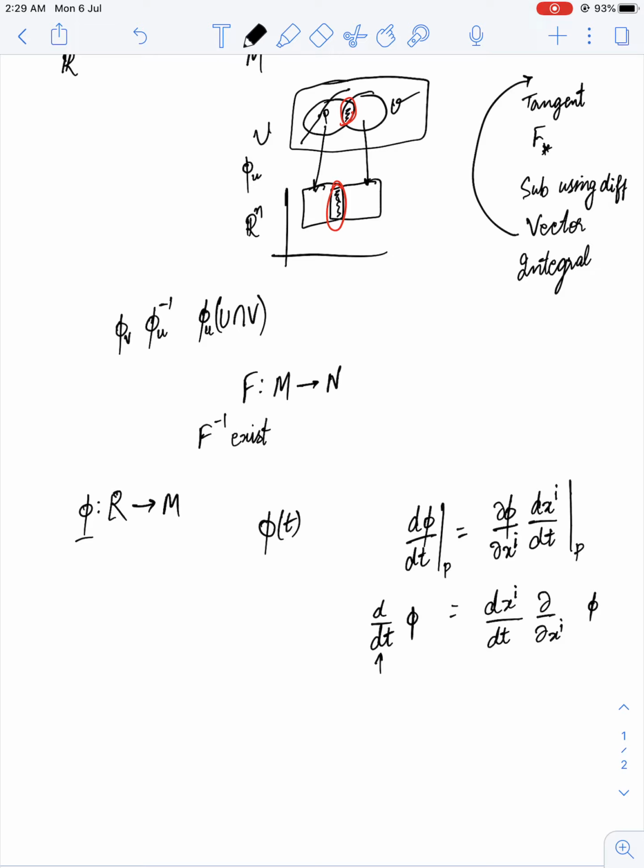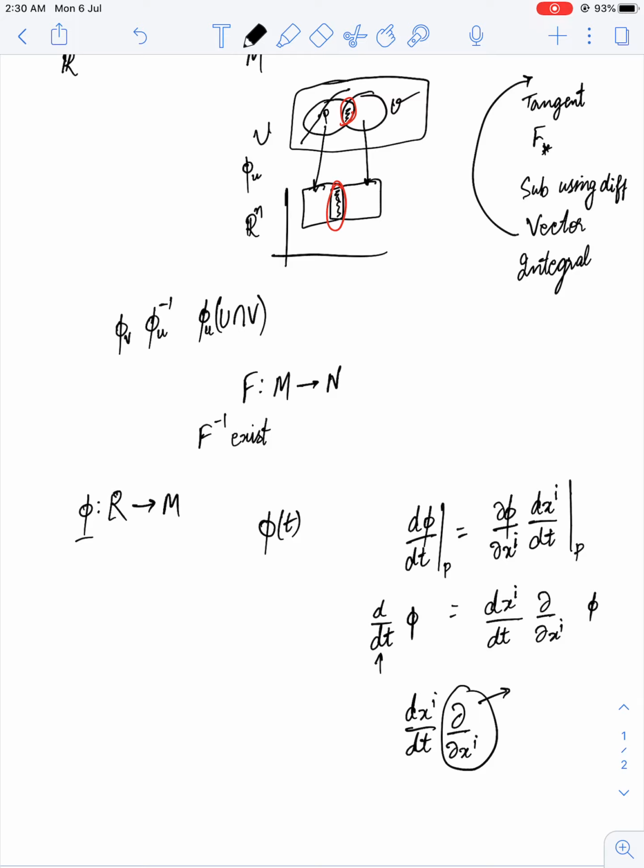Now what I do is define a vector simply by dxi by dt, where t is the parameter of this curve, and I use d by dxi as the basis. There is a lot of confusion about it, and the main point is that we are not going to associate any length with these vectors, and there are reasons for it.